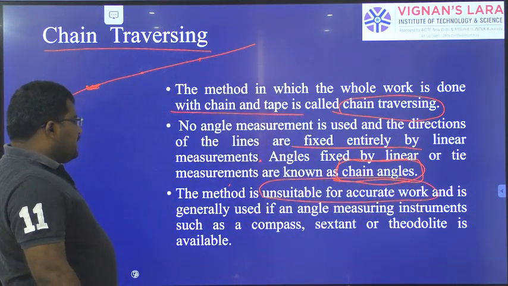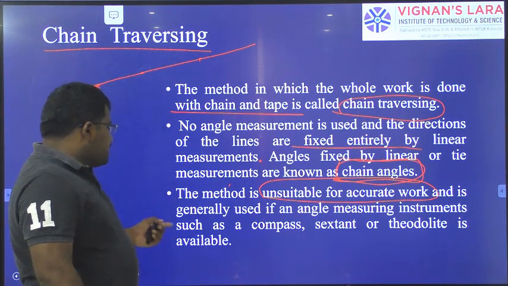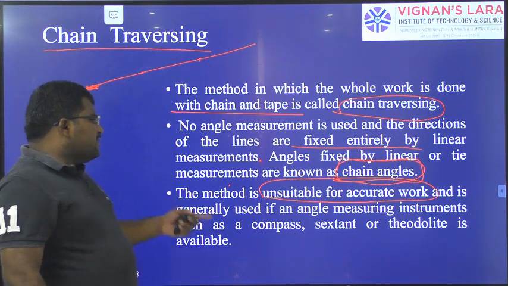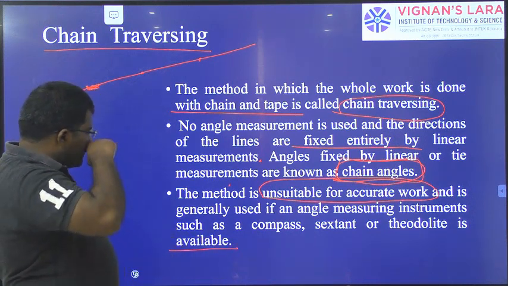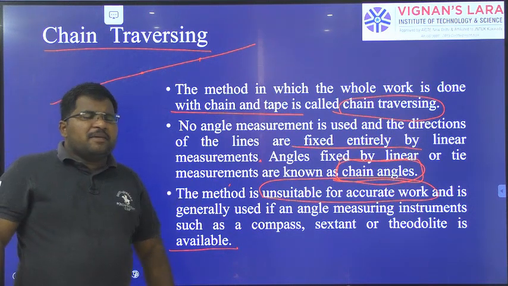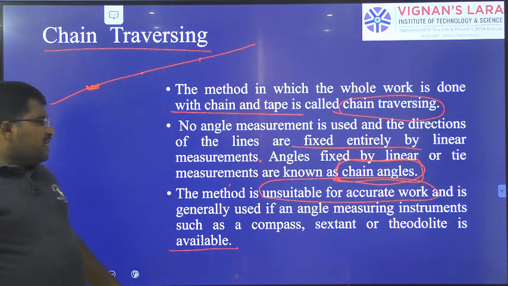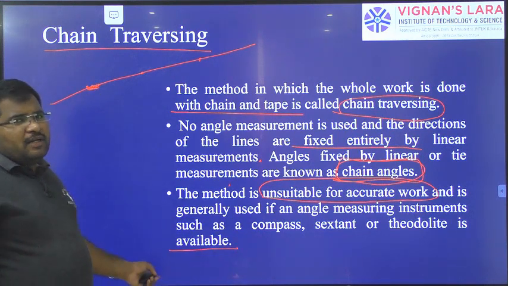Accurate measurement comes when you are using a compass, sextant or theodolite for the angle measurement; then only you will get it.